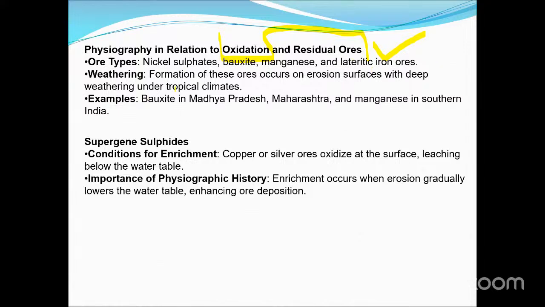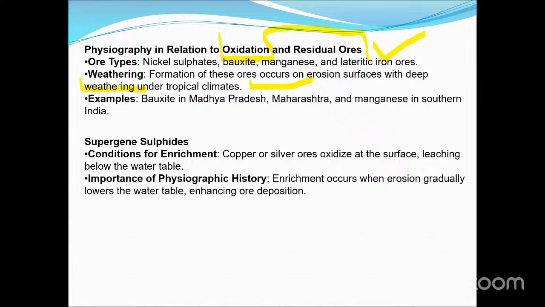Formation of these ores occurs on erosion surfaces with deep weathering under tropical climates. So oxidation ore deposits or residual ore deposits are formed. These oxidation and residual ore deposits are formed due to deep weathering under tropical climate conditions.